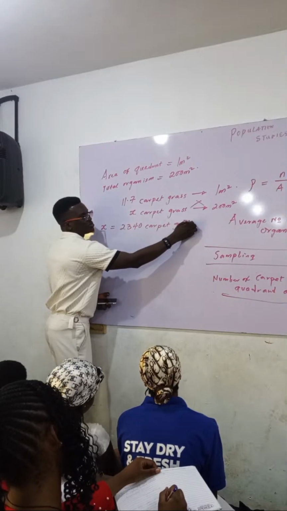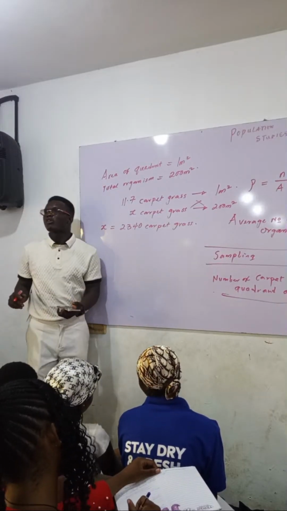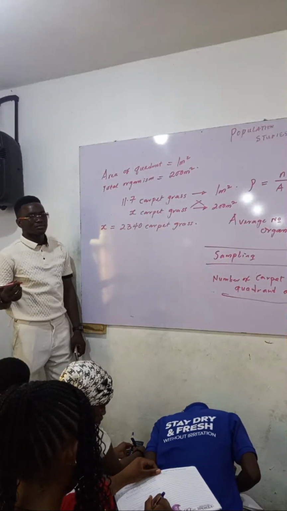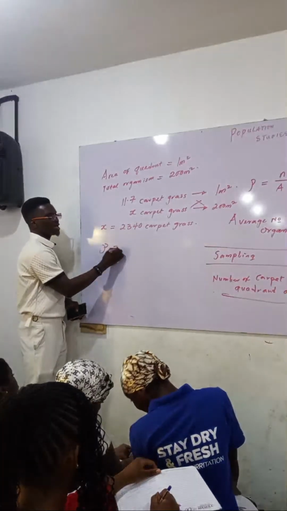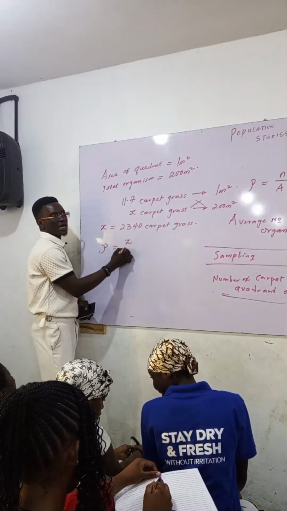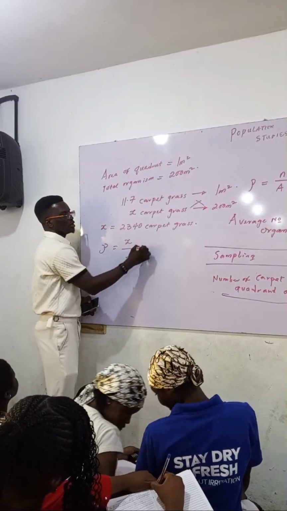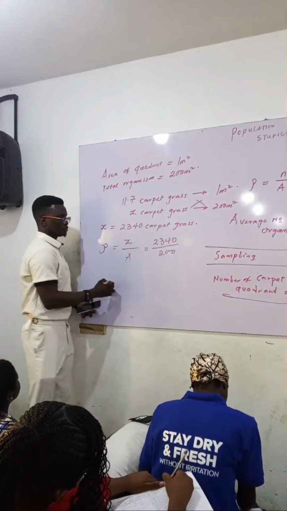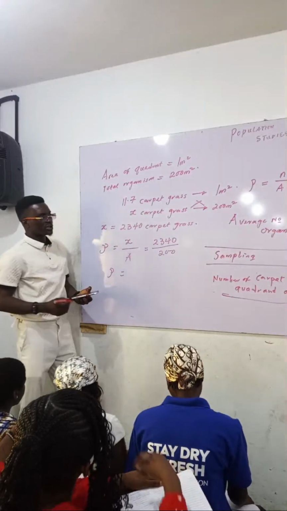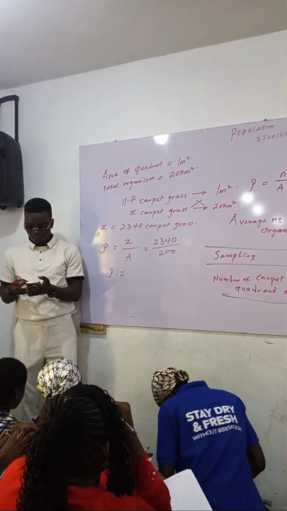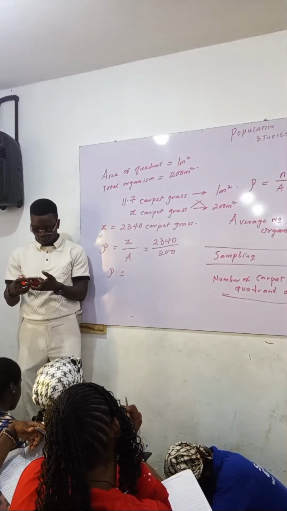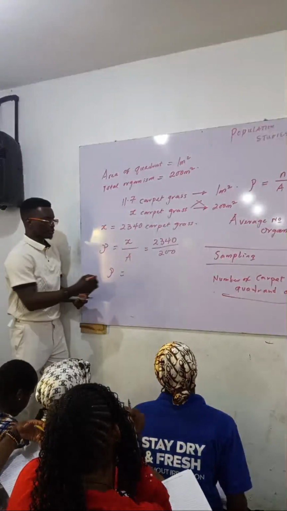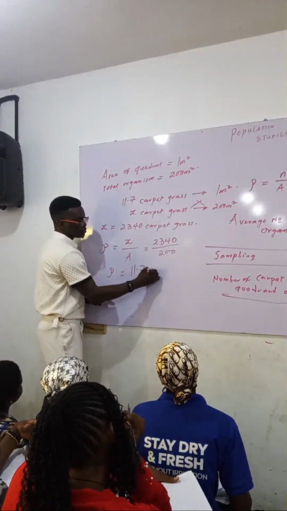It's just a rough estimate. So the total number of carpet grass we have in the whole 200 is 2,340. Then to get density, density is total number of carpet grass over the total area. That's going to be 2,340 divided by 200. And that gives us what? 11.7.